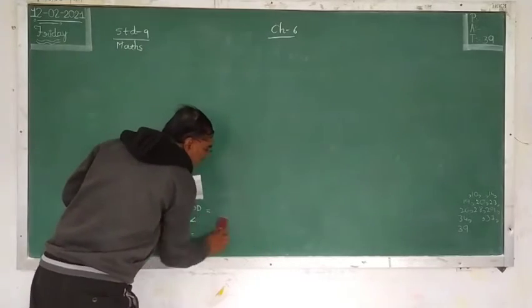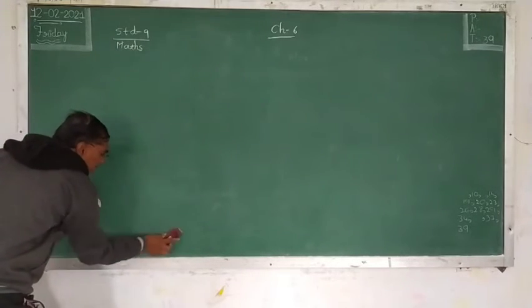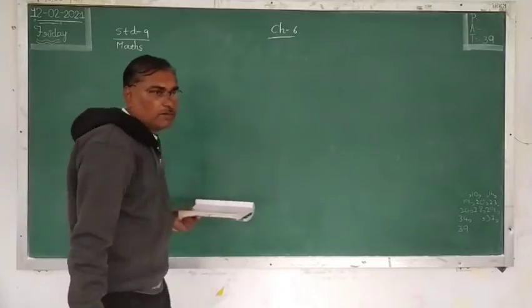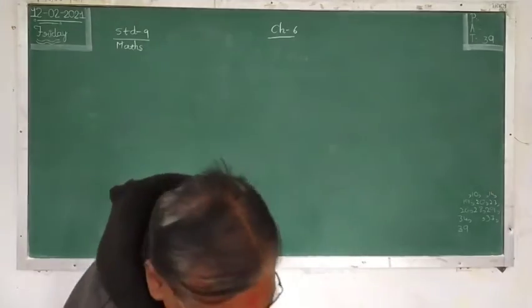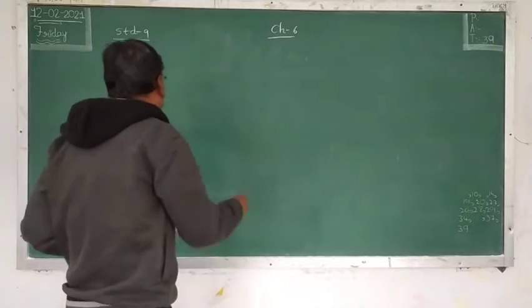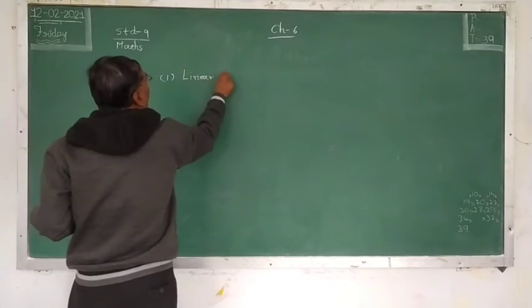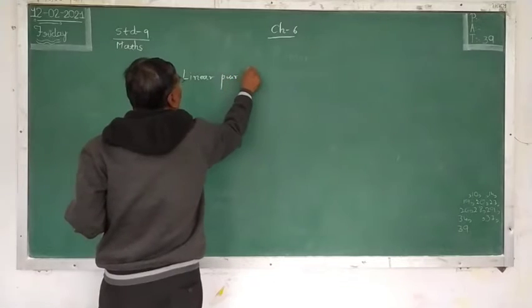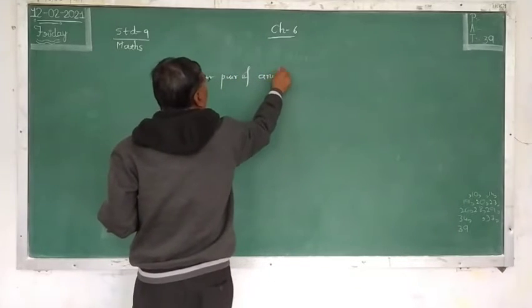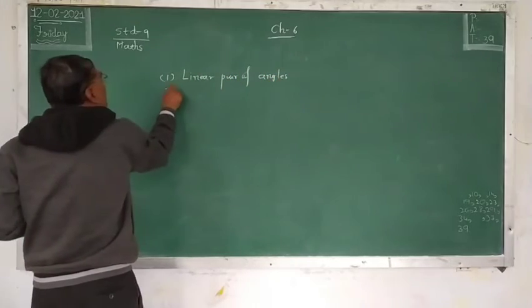So we wrote the definition of linear pair of angles first.